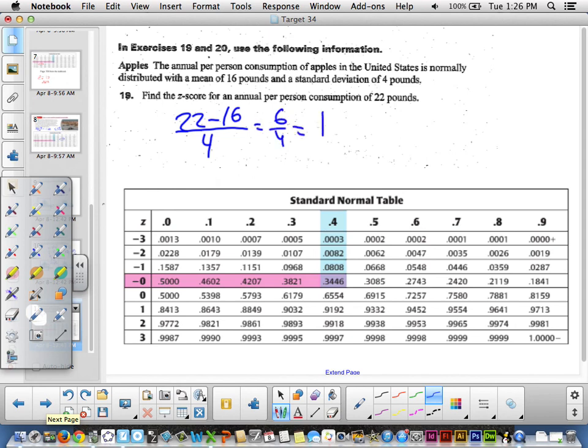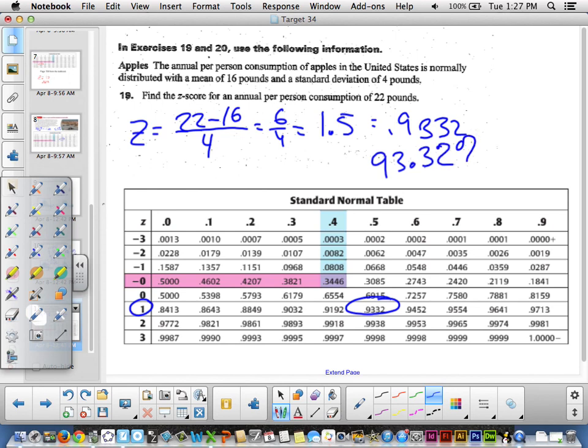Our z-score is 1.5, which means here's 1.5, matches up right there, 0.9332, which means this person that eats 22 pounds of apples per year is eating more apples than 93.32% of the population. And that is fitting a set of data to a normal curve using the standard deviation and the mean.